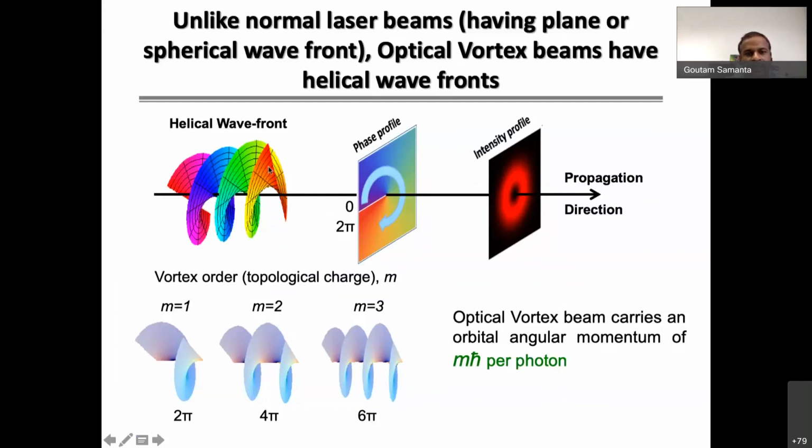If you take a snapshot of this phase profile in a particular plane, you will see a phase variation in the transverse plane from 0 to 2 pi, and the intensity distribution looks like a donut. This phase variation can go up to multiples of 2 pi. If it is 0 to 2 pi, then the order of the vortex, or the topological charge, is 1. If it is 4 pi, then it's 2, 6 pi, it's 3, and so on.